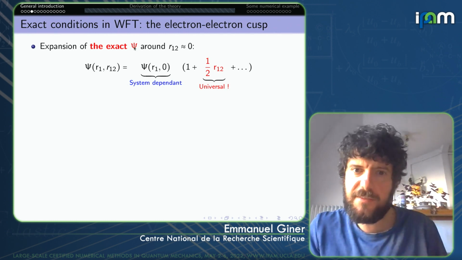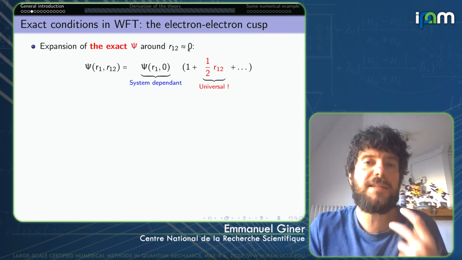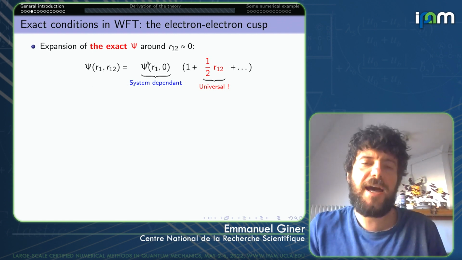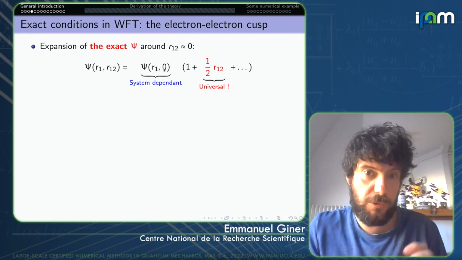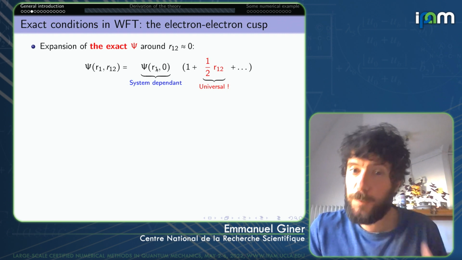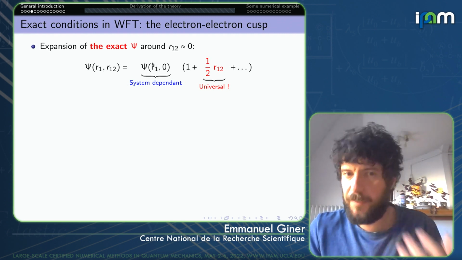And you Taylor expand it around r12 goes to 0, so around the small inter-electronic distance. So let's say for a two-electron system, you will find at order 0 the wave function at r1 and r12 equal to 0. So essentially the probability that the two electrons are on top of each other at r1. So this is very system dependent, that's r1 dependent, okay?